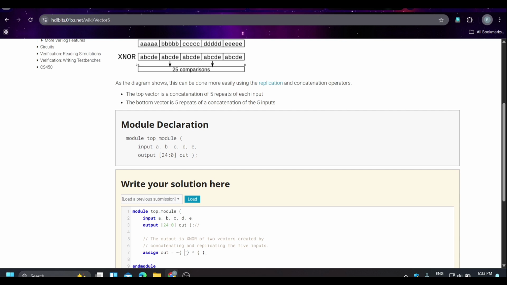So first here, a is repeating 5 times, so we can write 5 a, then comma, 5 times b, 5 times c, 5 times d, 5 times e.